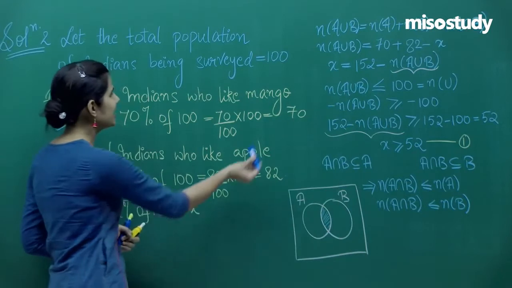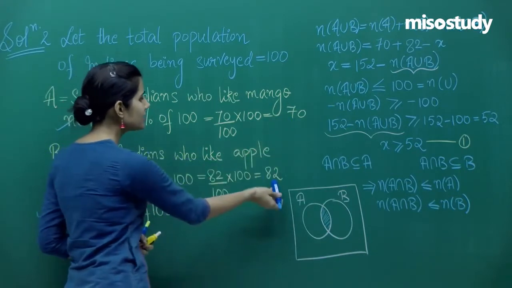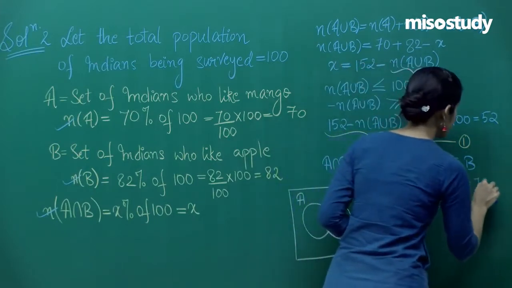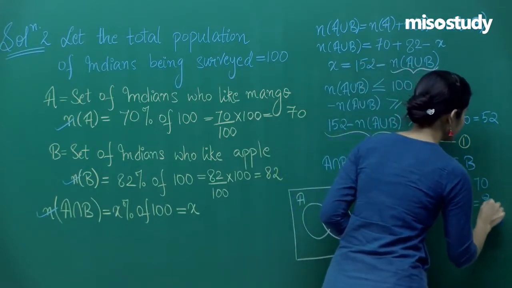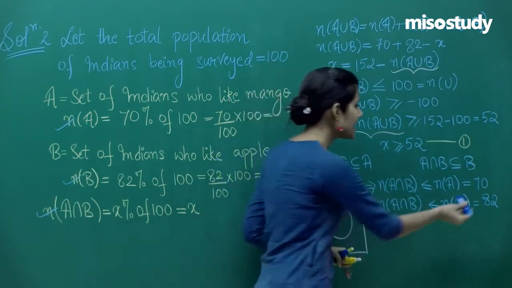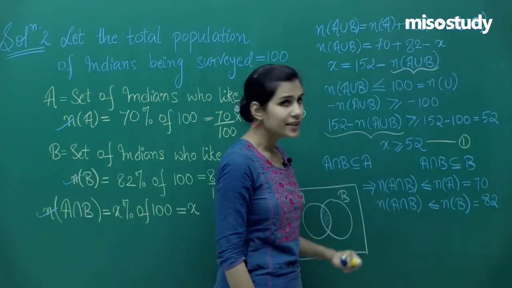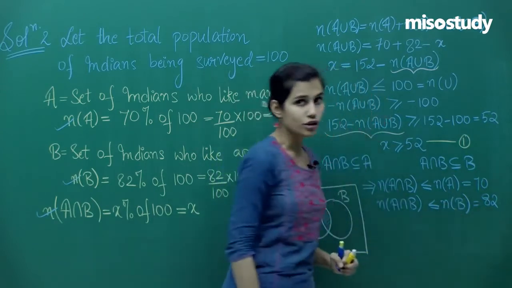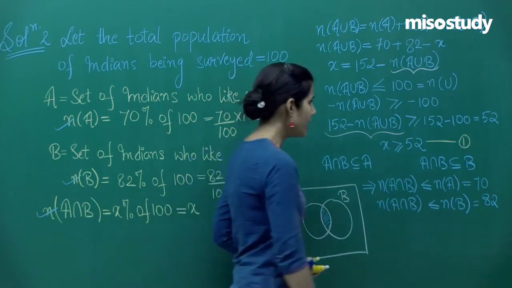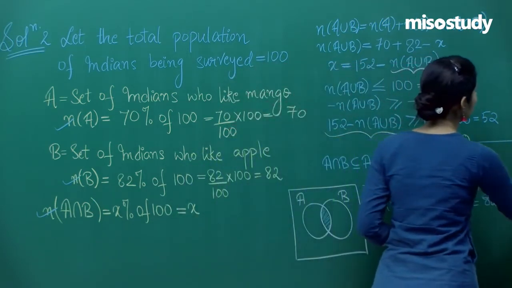Number of members in set A is 70, number of members in set B is 82. So here I am going to write 70 and here I am going to write 82. If something is less than 70 also and the same thing is less than 82 also, what do you think it is definitely less than? Well, let me just draw a small number line.